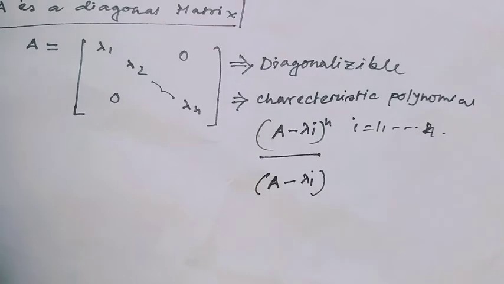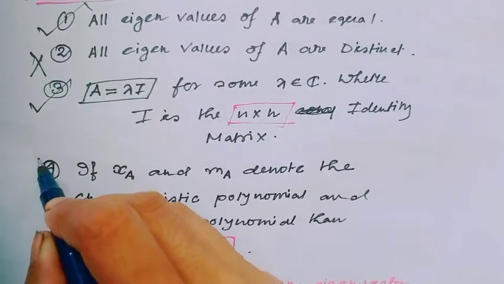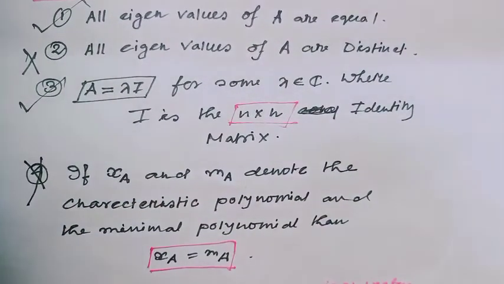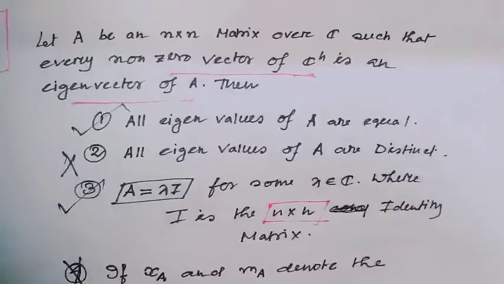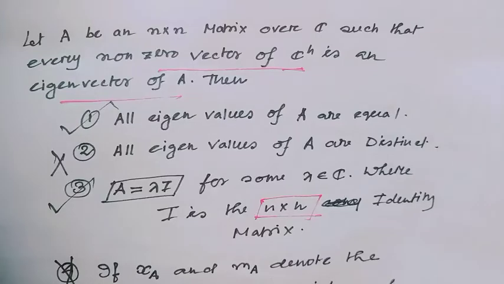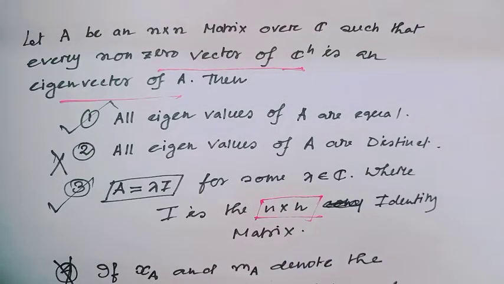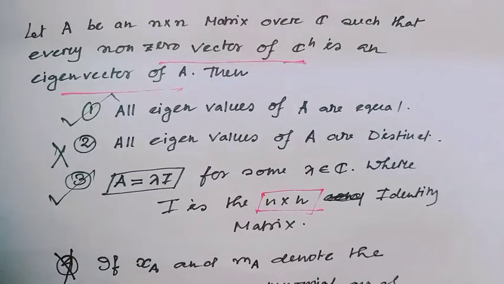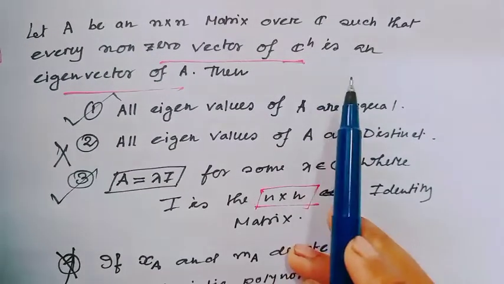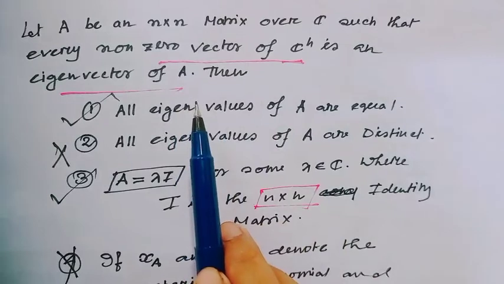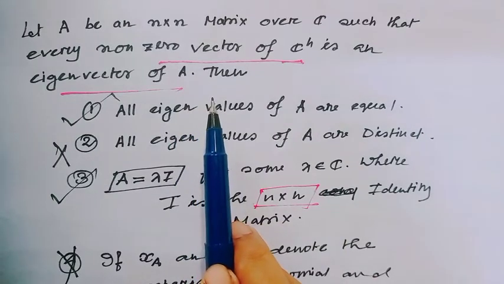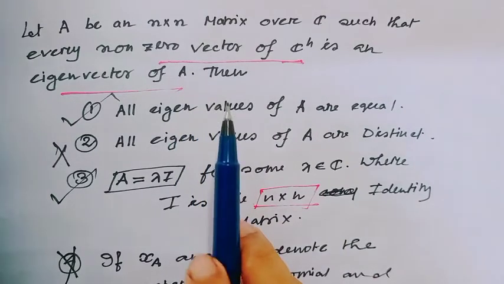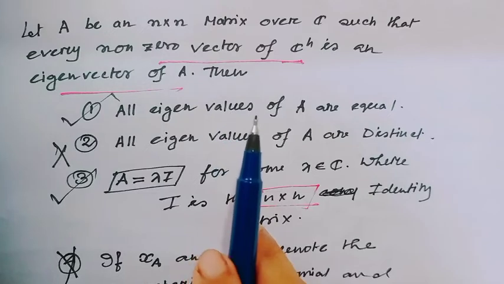So option 4 is a wrong option. Okay? Are you getting it? These types of questions are very important not only for competitive exams but for higher study also. When every non-zero vector of Cn is an eigenvector, this topic is very important for any competitive exam.